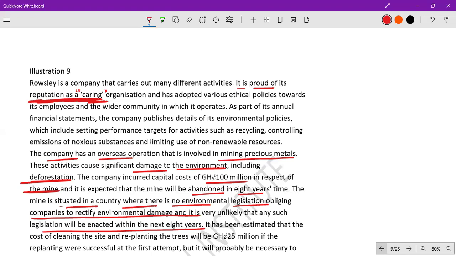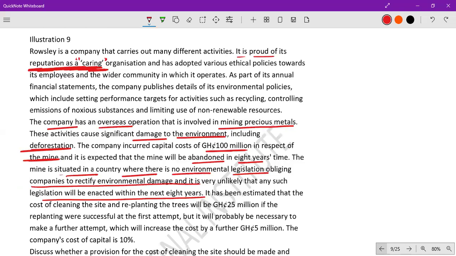They are testing you on constructive obligation, and they are saying that there is no law, no law enacted for this to be done, and it is also not likely that one would come in the next 8 years. But the question is holding on to its reputation as caring. So even though there's no law, we have to recognize the provision based on constructive obligation.